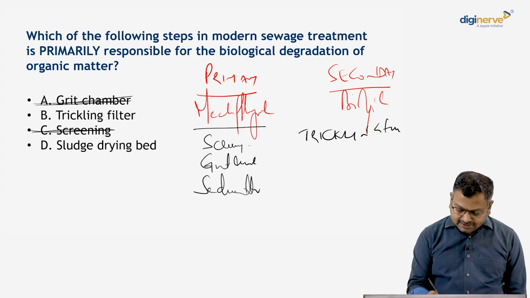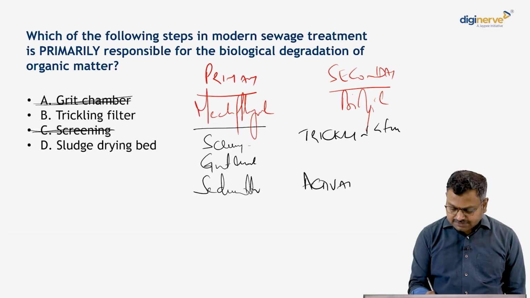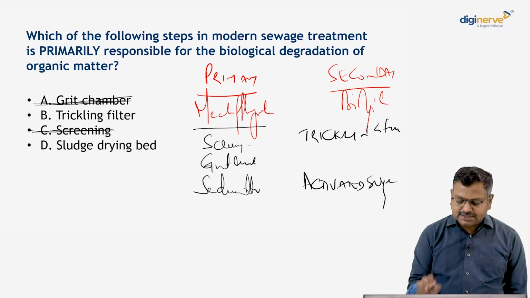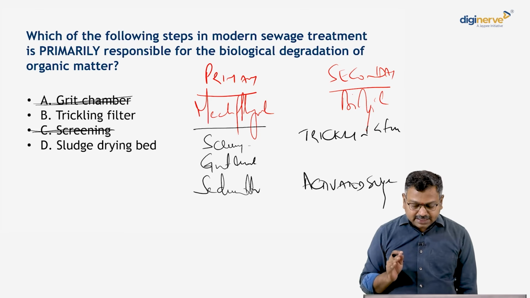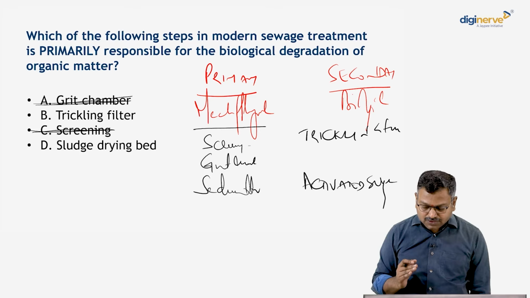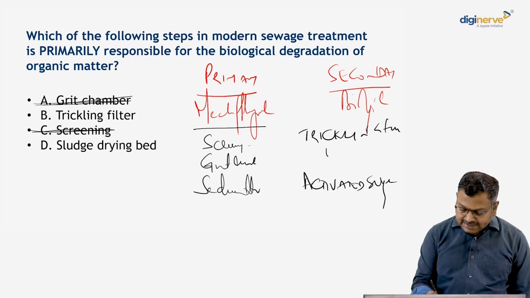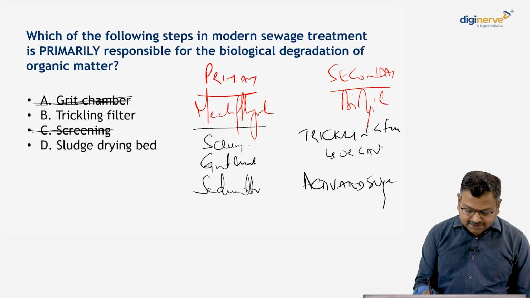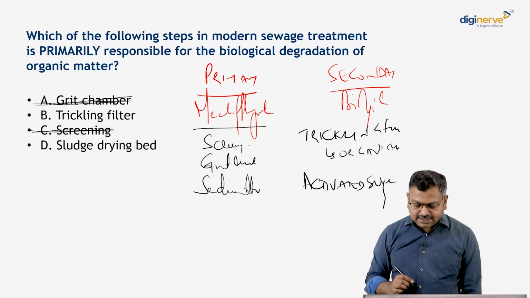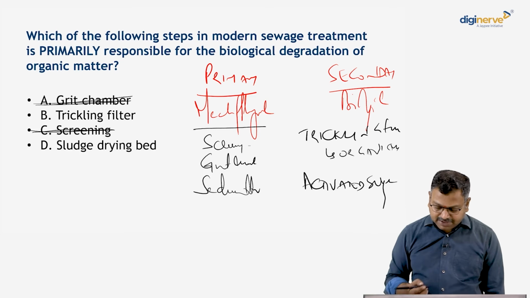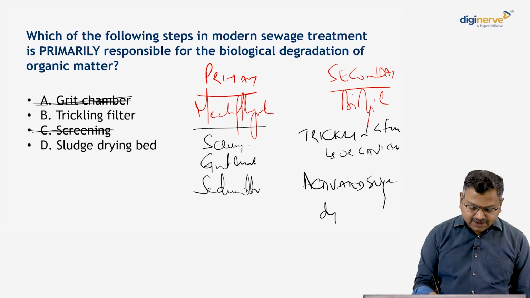So trickling filter and the activated sludge, these are the two processes that happen in the biological treatment. In the trickling filter, sewage flows over beds of stones covered with microbial films that digest the organic matter. And the activated sludge is aeration of tanks with microbes which degrade the organic matter.